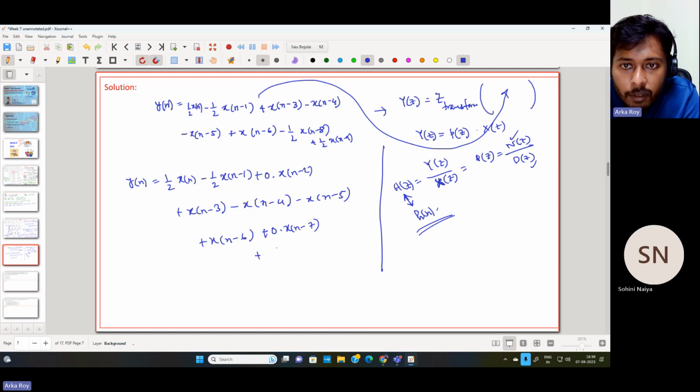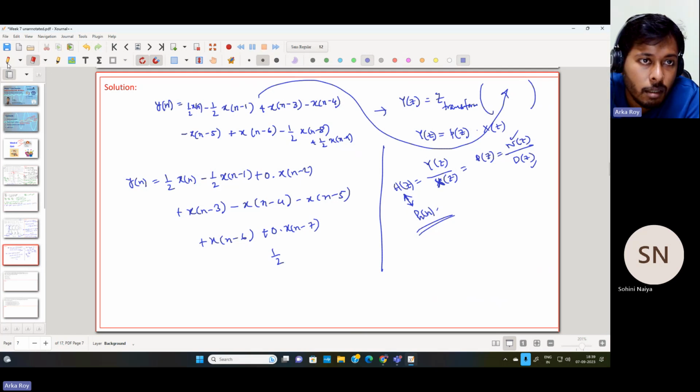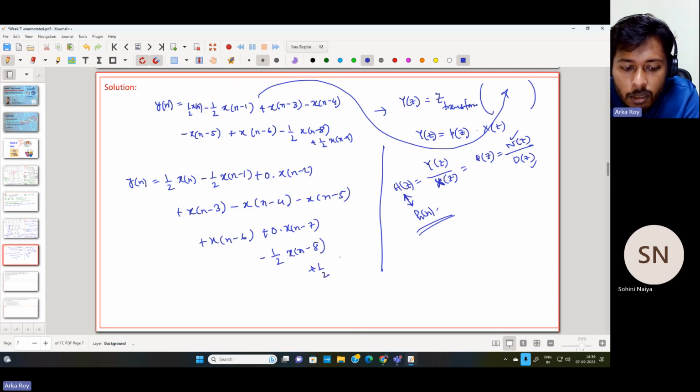So sorry, there is a minus sign associated over here. So minus half x of n minus 8, and then plus half of x of n minus 9. Okay.